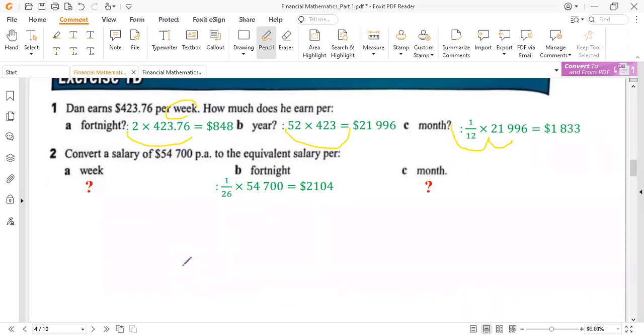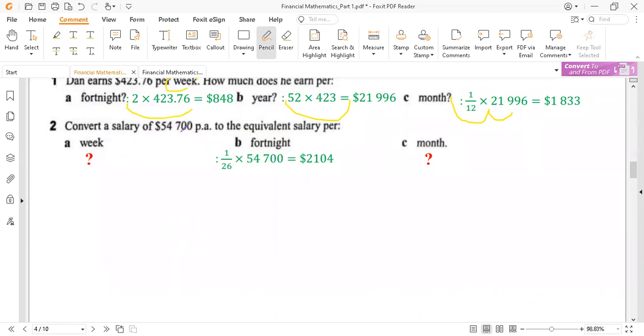Moving on to the next exercise: convert the salary of $54,700 per annum to the equivalent salary per fortnight. Please have a look and think a little bit about it.